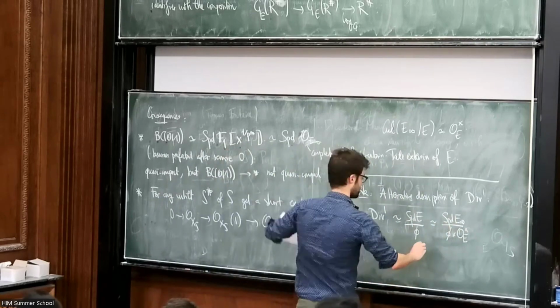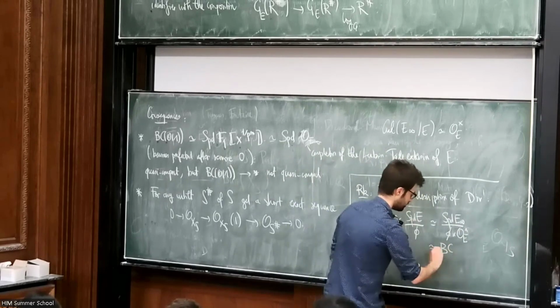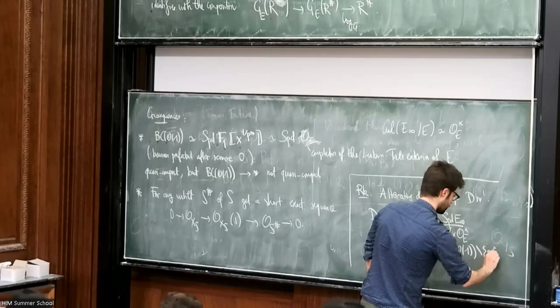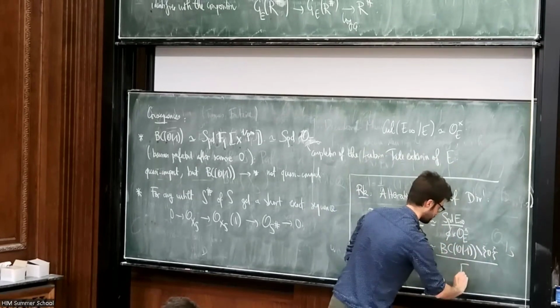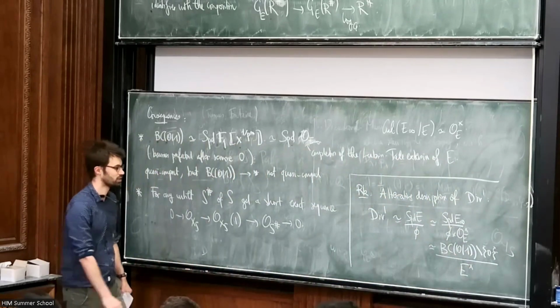And because of this identification, which is compatible with all the actions, you see that this is also the same as BC O1 where you remove 0, divided by the natural action of E cross on this sheaf of E-vector spaces.